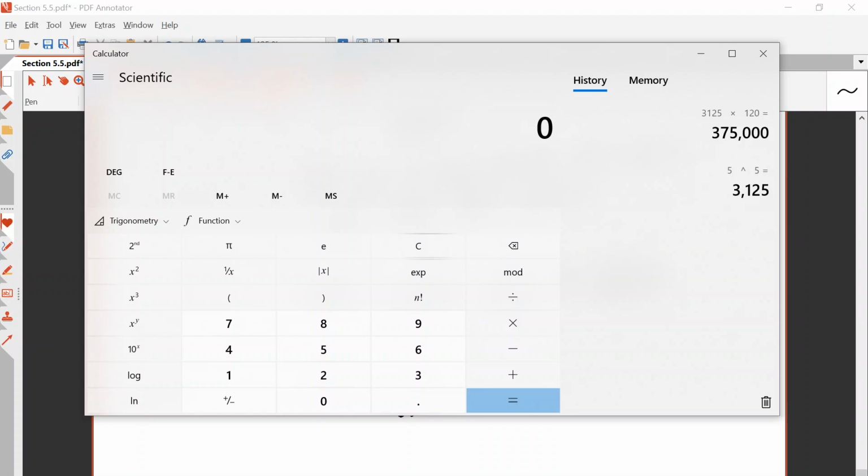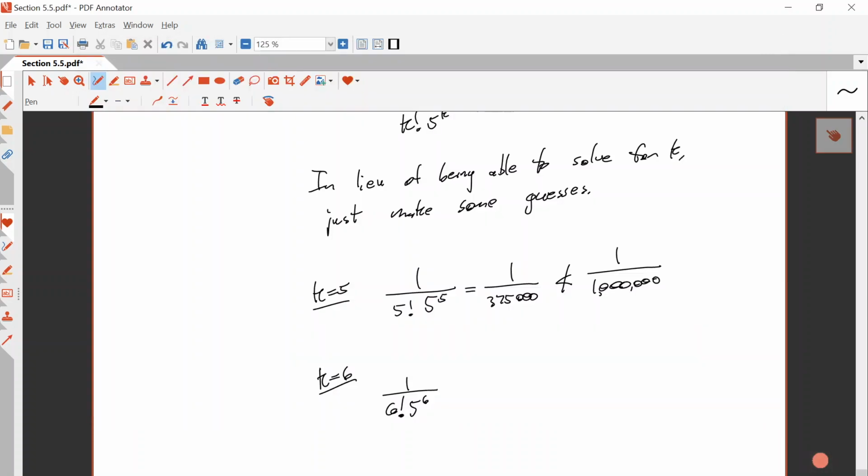So 5 to the 6th is that, times 6 factorial. It's this, 11,250,000. Right, that is less than 1 over 1,000,000.